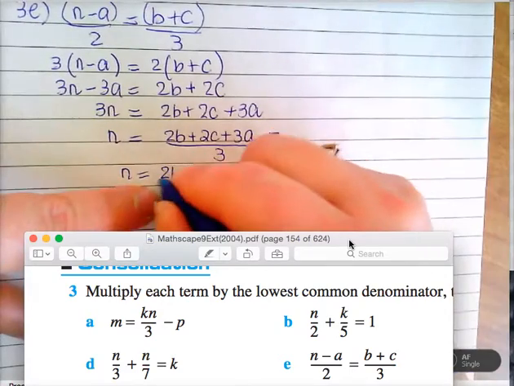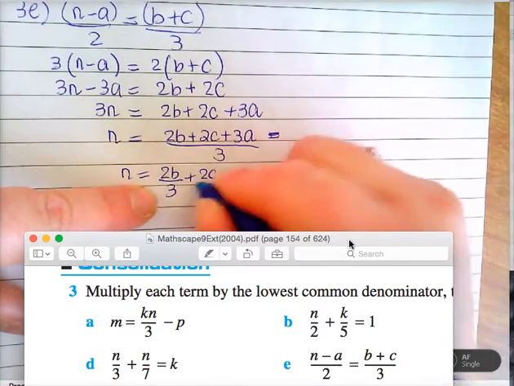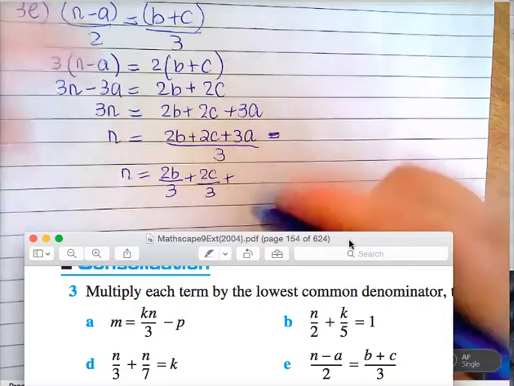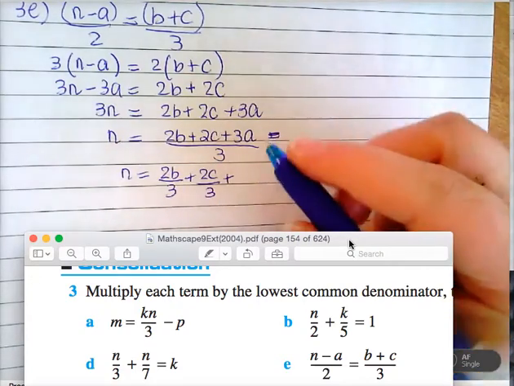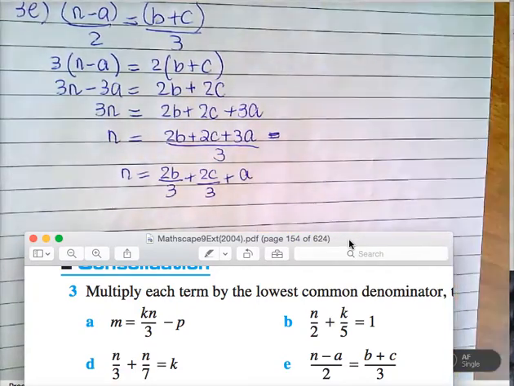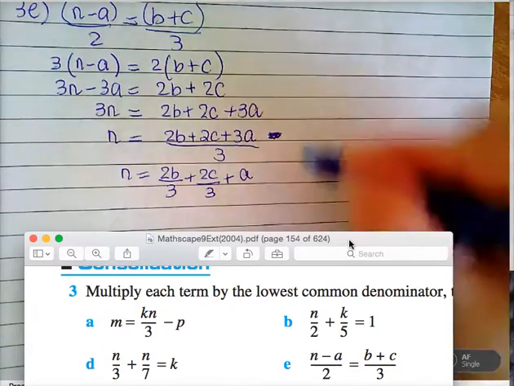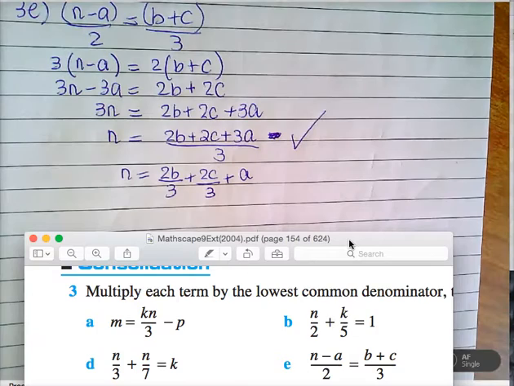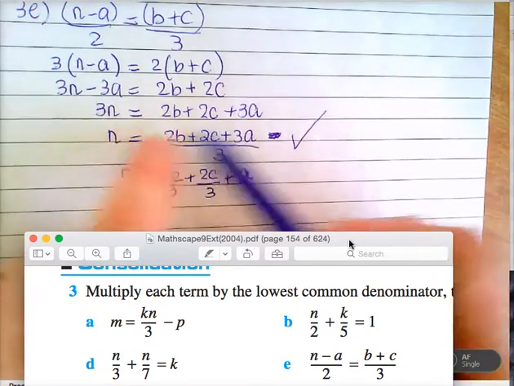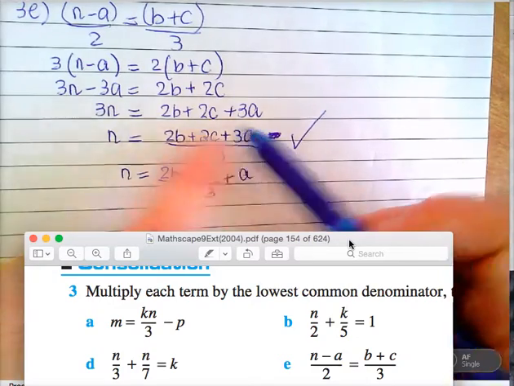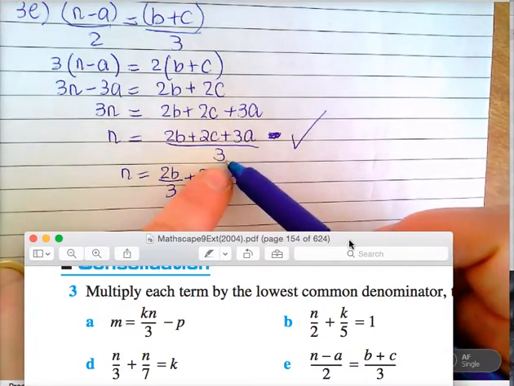What's 3a over 3? The answer has the numerator written in alphabetical order: 3a plus 2b plus 2c over 3.